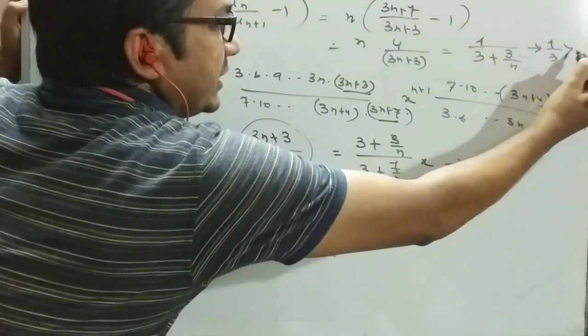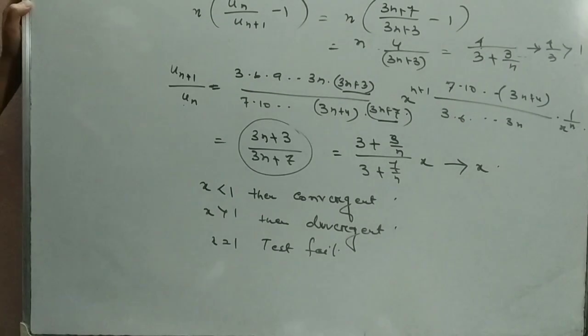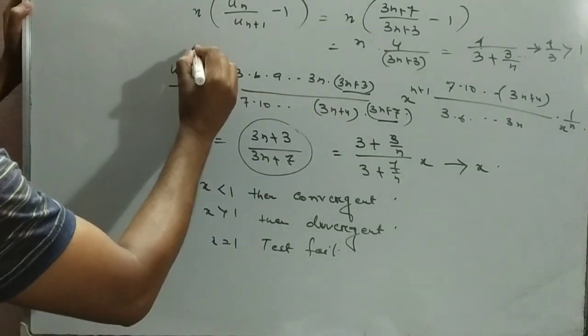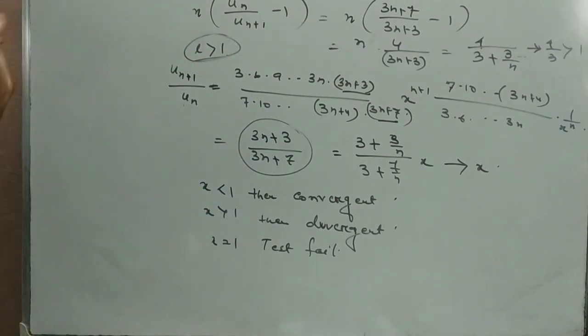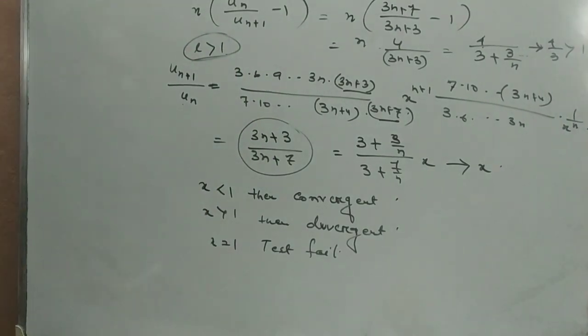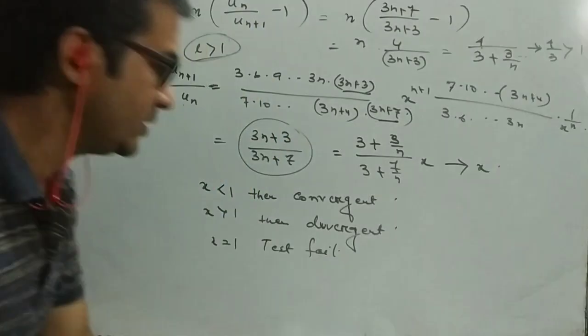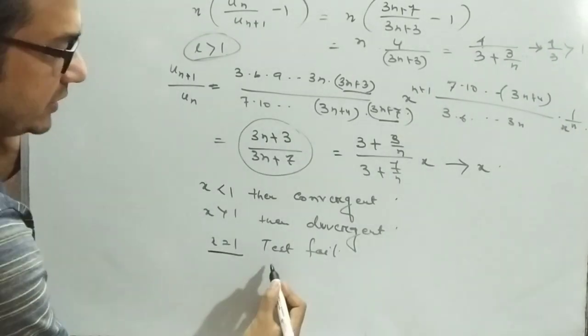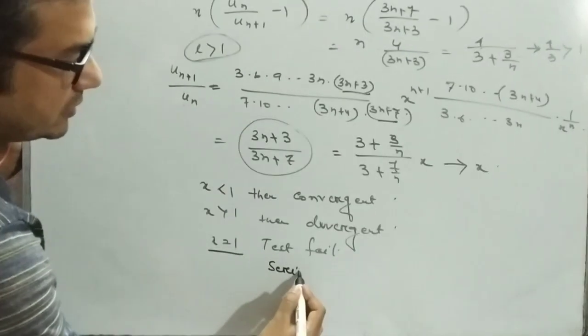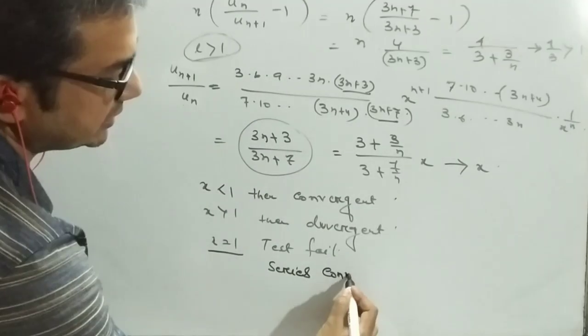4 by 3 is greater than 1. So by Raabe's test, if L is greater than 1, then the series is convergent. So we say that by Raabe's test, in this case, if x equals 1, then the series is convergent.